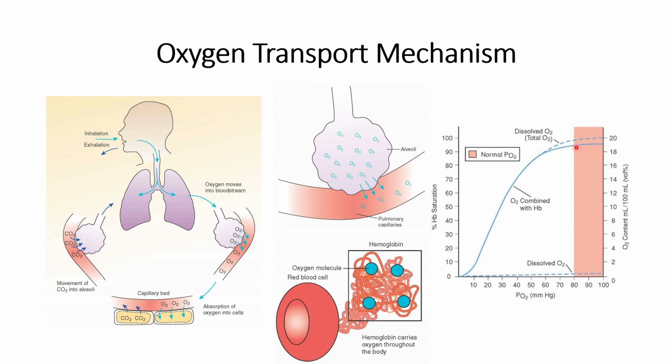From this we can know that hemoglobin saturation is almost always above 90% in the normal case. And the scale on the right hand side shows the oxygen content in ml per 100 ml of blood. In a normal case it should be between 18 to 20, as shown in the graph.